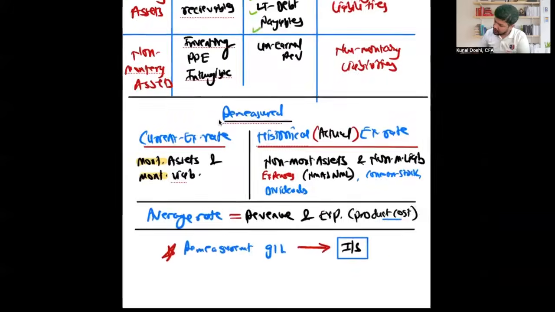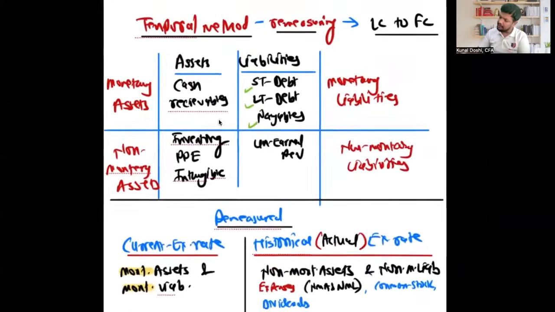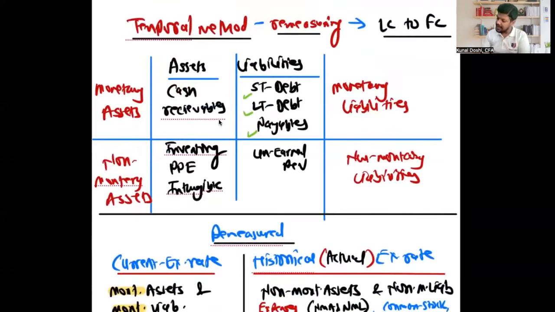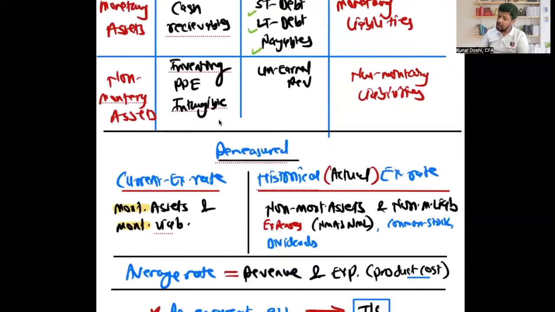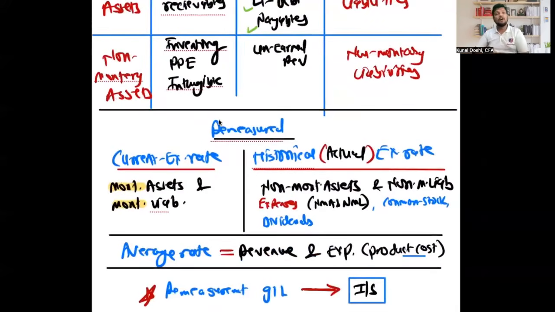All right. So see here, under the temporal method, there is a monetary and non-monetary classification. The current rate is used for monetary assets and liabilities, but for the rest of the things, non-monetary assets and liabilities, including common stock and dividends, they all use the historical rate, the actual rate on the date on which the asset was purchased. So in all those cases, we use the historical rate.